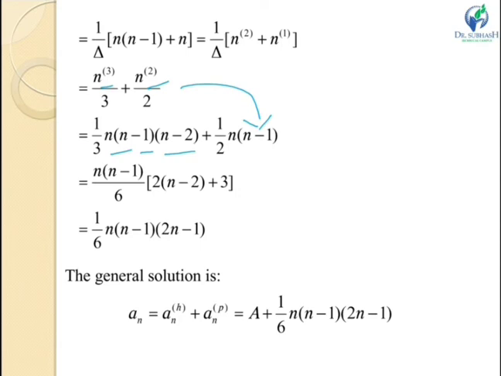Now simplifying this, and taking n into n minus 1 common, I get n into n minus 1 upon 6, 2 into n minus 2 plus 3. Again on simplifying the whole term, I get 1 by 6 n into n minus 1 into 2n minus 1.